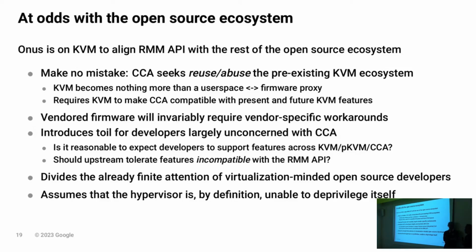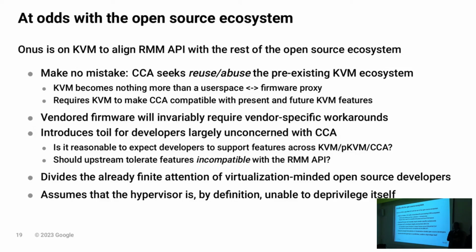I'm personally extremely concerned about the amount of platform-specific workarounds that we're inevitably going to have because of this model of forking existing firmware and vendors having all sorts of quirks on their platforms. These quirks are going to trickle down into KVM.